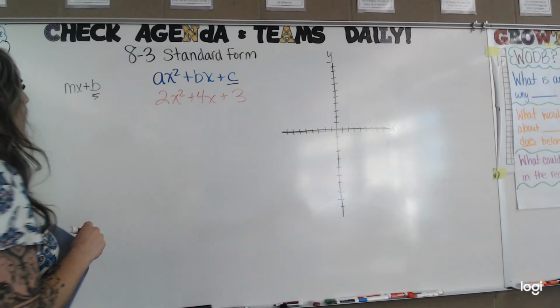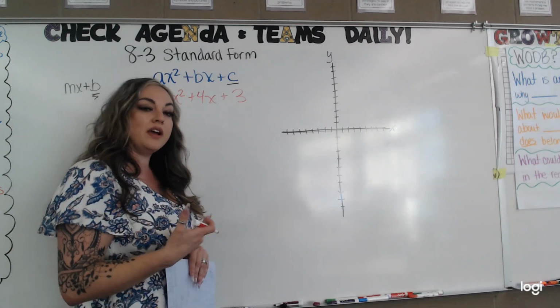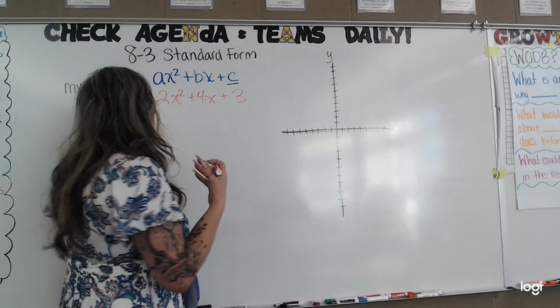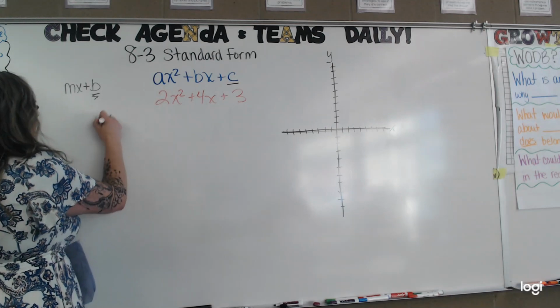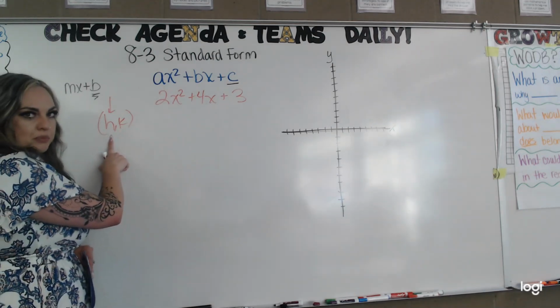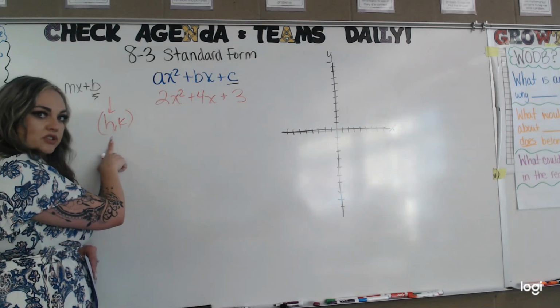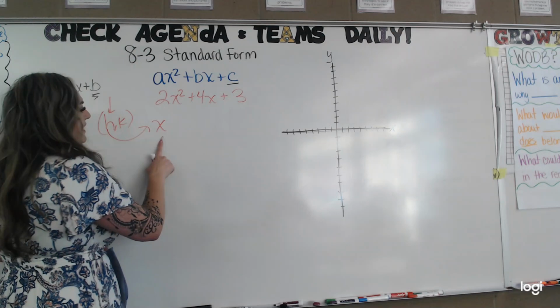The first thing we want to do that's helpful when graphing our parabolas is we want to find the vertex. So there's a formula that's going to be helpful, and it's basically, right, let's think about this. We need to find, the first value would be x, right? So that's our h value in vertex form. So the h is the same as finding the x value.